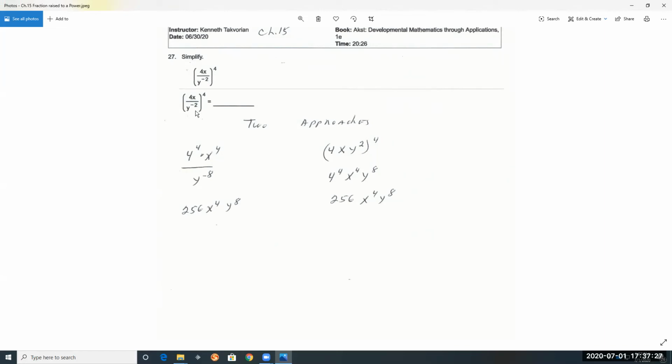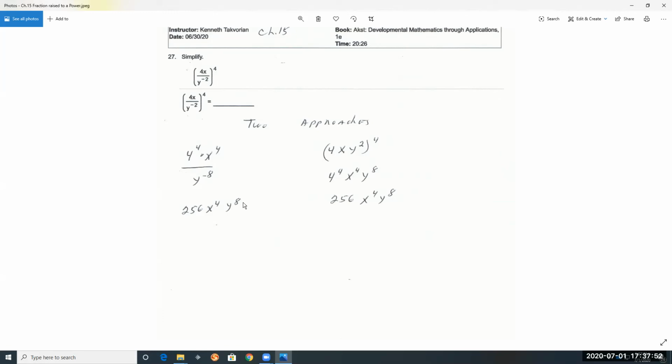We're going to take each of the bases for the x and the y and raise it to the positive power 4. So we'll have 4 to the fourth times x to the fourth times y to the negative 8. Simplifying what 4 to the fourth is, we come up with 256 x to the fourth, y to the 8th.